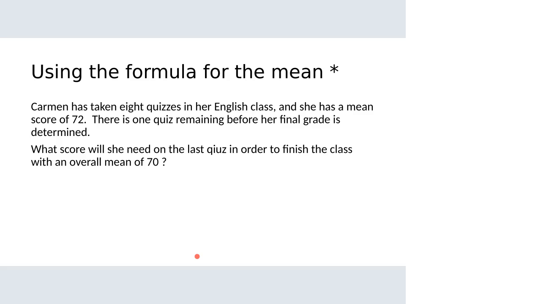I don't think the mechanics of the solving process will be very hard for you, but I want to make sure you recognize that this is one of those problems where I'm going to use the formula for the mean. Let's go another 20 seconds on this, and then we'll talk about it.